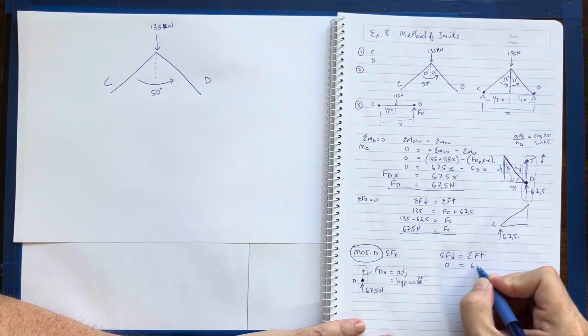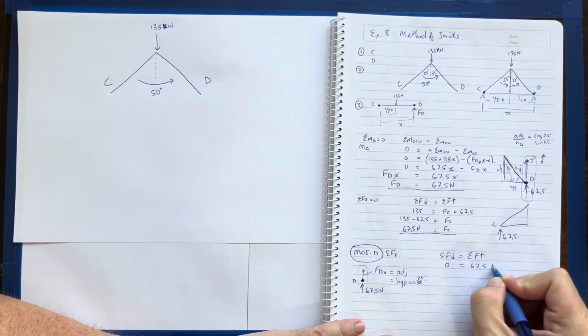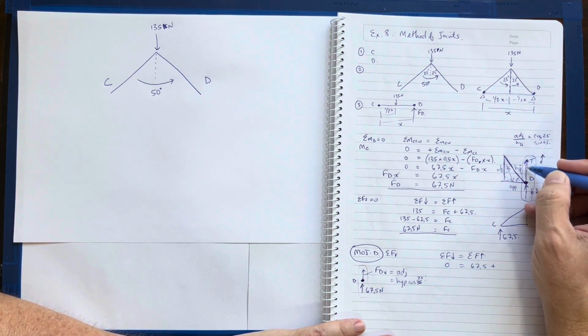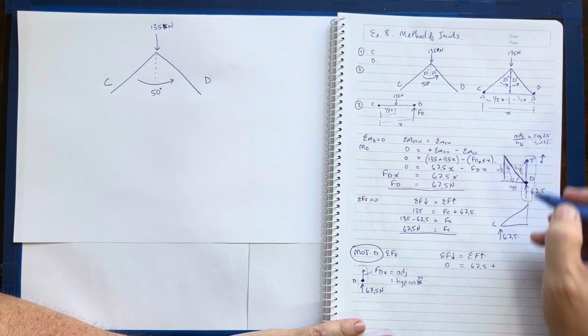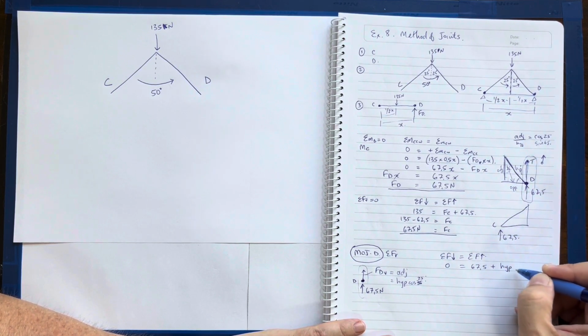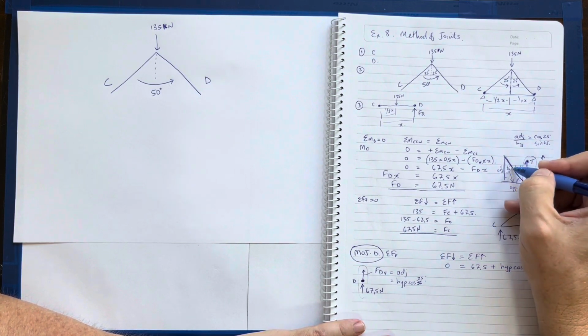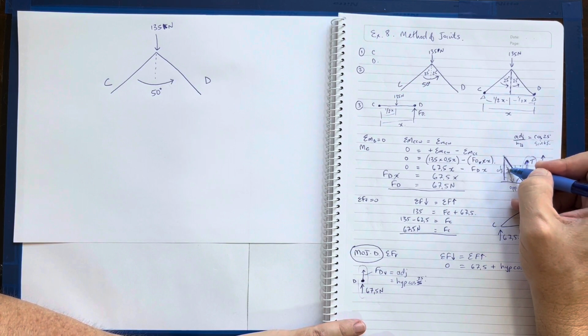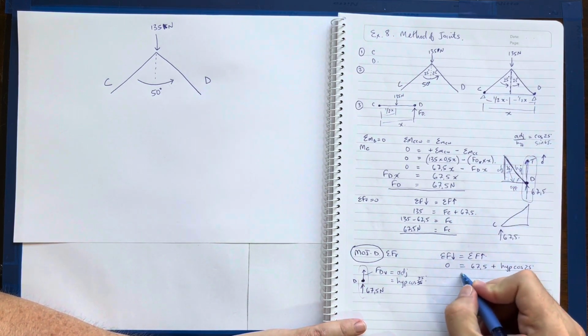So my force up is going to be 67.5 plus my resolved vertical force of D, which is actually the hypotenuse cos 25, because my angle is there this time. It would normally be sine if the angle were there, but now I'm actually looking for the adjacent.